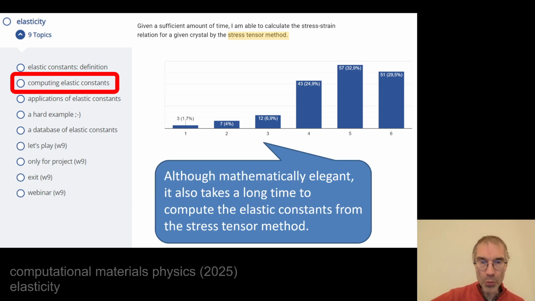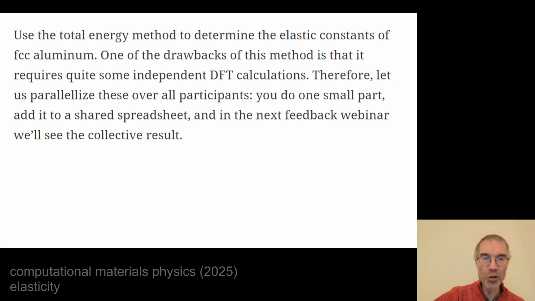I see some comments that the stress tensor method is mathematically elegant, but it takes a lot of computation time. And yes, if you want to do this properly, then it's not an exercise you can quickly do. So that is probably the reason why you feel less confident about that.